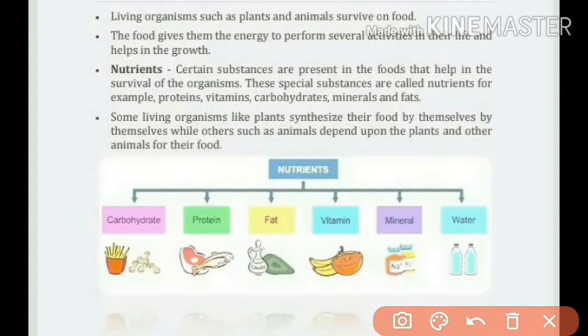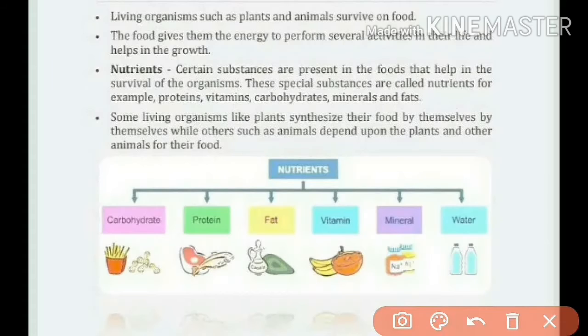Now I will say the function of carbohydrate. What do rice and wheat give our body? How do carbohydrate-rich foods help us? Carbohydrate gives us energy. Yes, carbohydrate gives us energy. So we know how carbohydrate helps us.